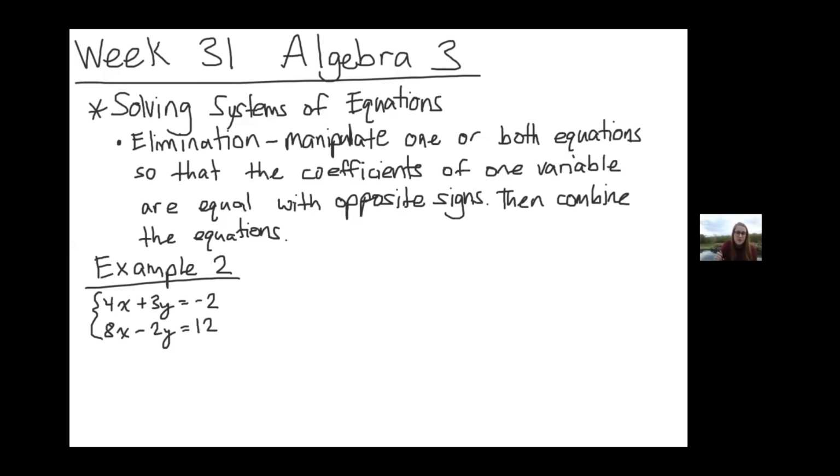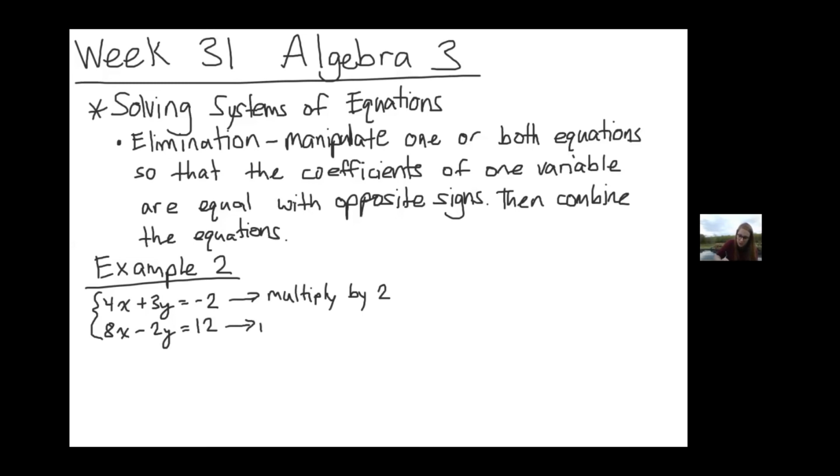Okay, so the first thing I notice is that the y terms already have opposite signs. One's positive and one's negative. So if we could just make the 3 and the 2 be the same number, then we would be set. So if we multiply this equation by 2, that would give us a positive 6y.